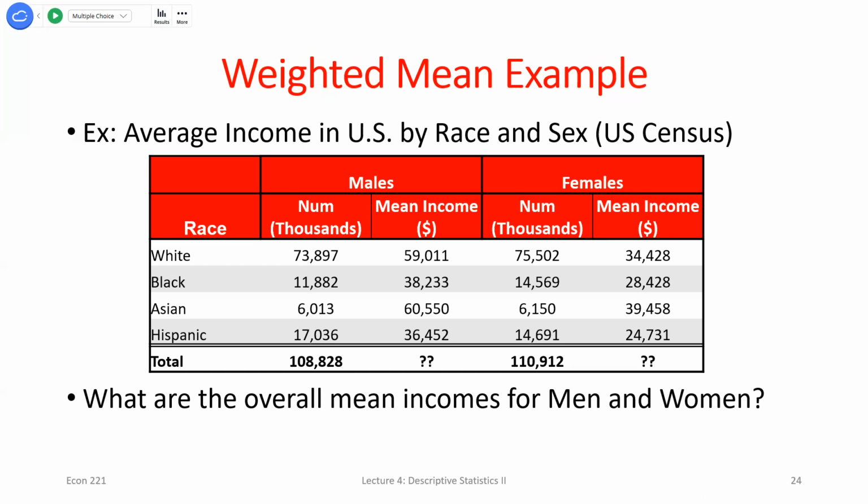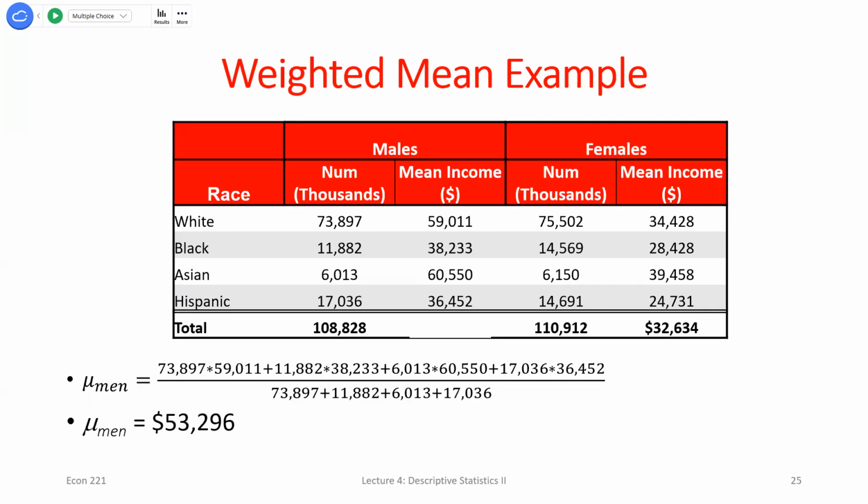The final step is to divide by the sum of my weights. I've already given you the sum of those weights, at 108,000. So we write this out, and it looks something like this: I'm taking every group's weight, multiplying it by its value for X, adding them all up, and then finally dividing by the sum of my weights.